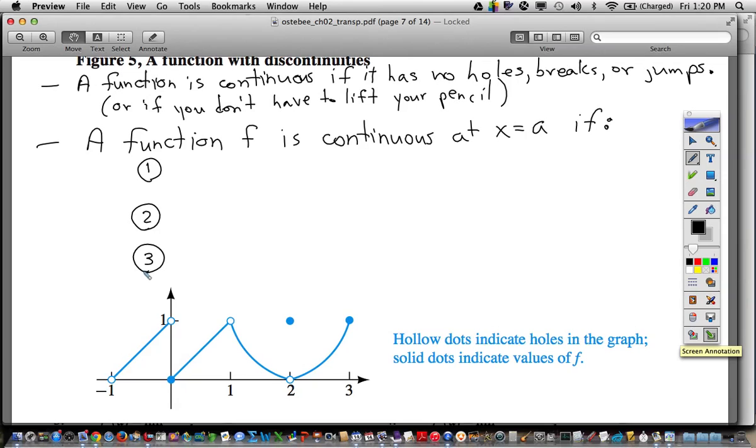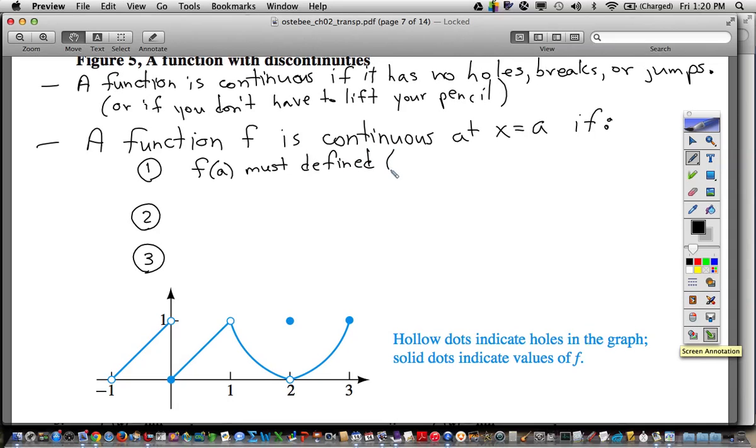We actually skipped it in section 2.3. Yeah, it's on page 106 in your book. Now, they do it a little differently. They list 3 things that make a function discontinuous. Discontinuous means it's not continuous. They list the 3 ways that it's discontinuous. I'm going to write them in the positive version, what makes it continuous. All right. First of all, f of a must be defined.